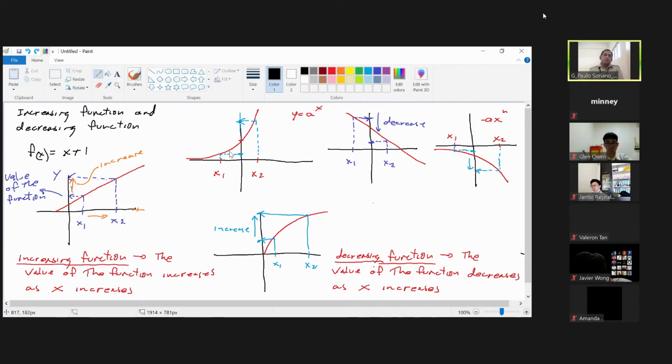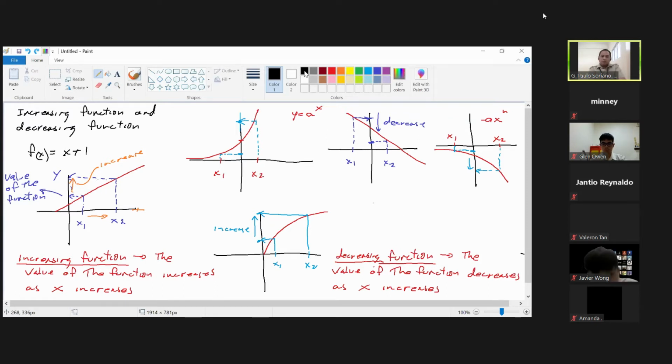But there are also functions where a portion is increasing and a portion is decreasing. What do we mean by that? When we have a linear function, this one, I can classify it as uniform. It's either increasing or decreasing. There's no part of it that becomes decreasing and then part of it increasing. So this is a uniform function.